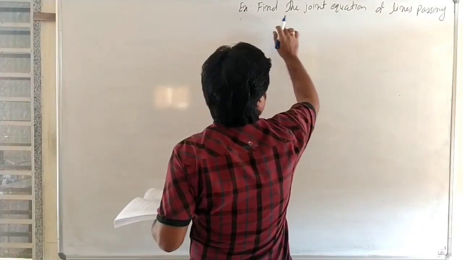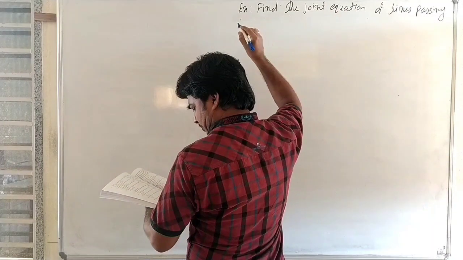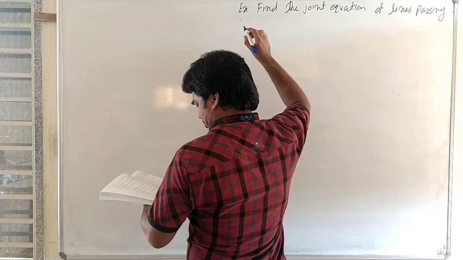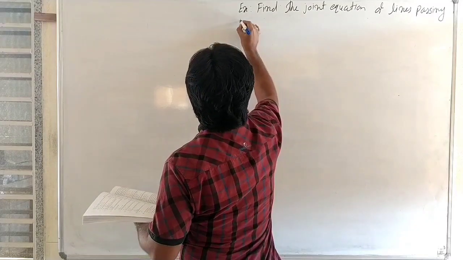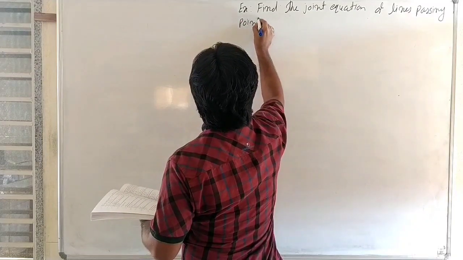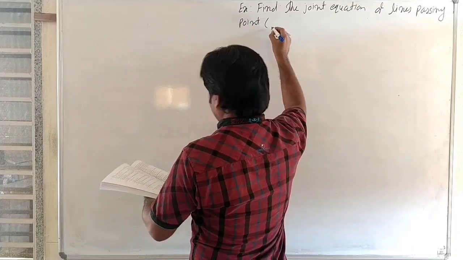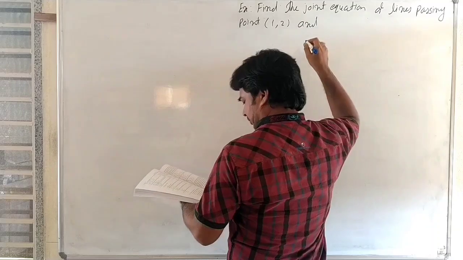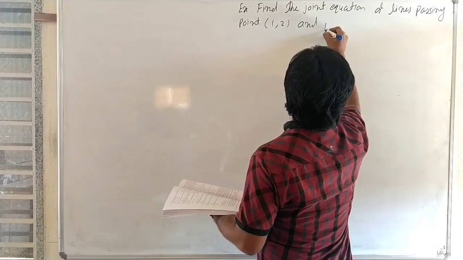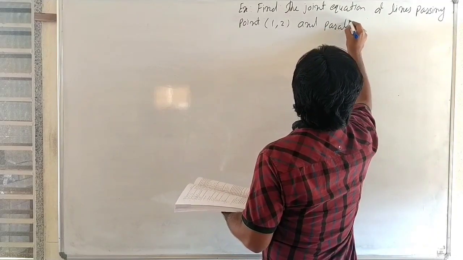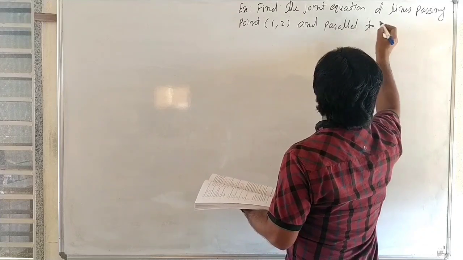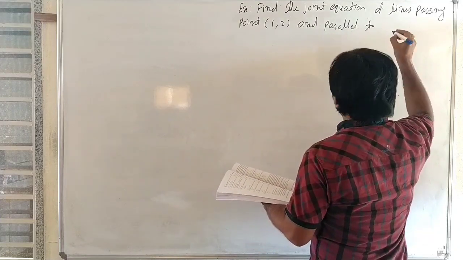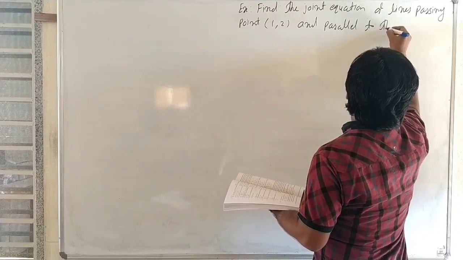Example: find the joint equation of lines passing through point (1, 2) and parallel to the coordinate axis.